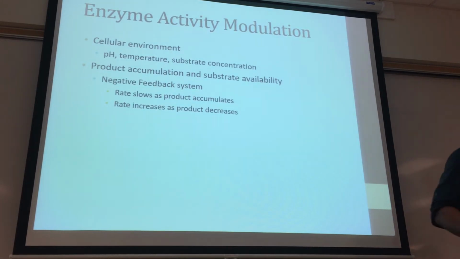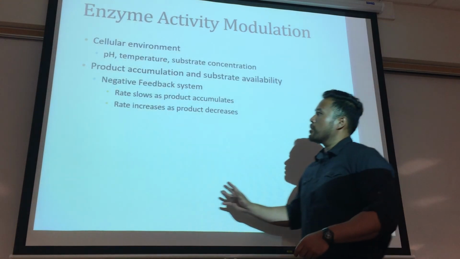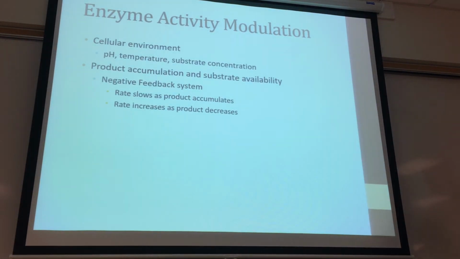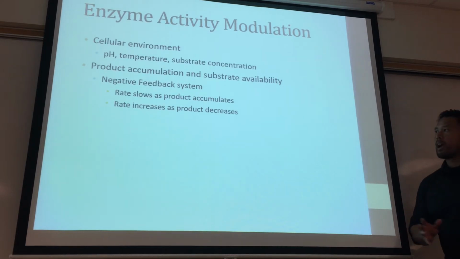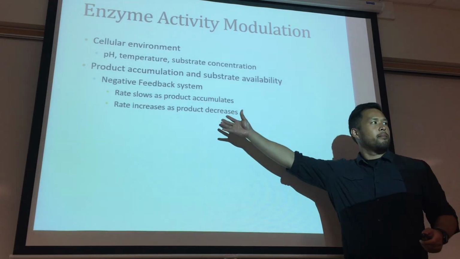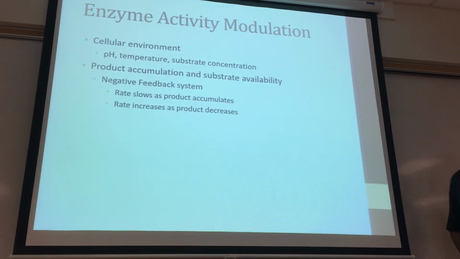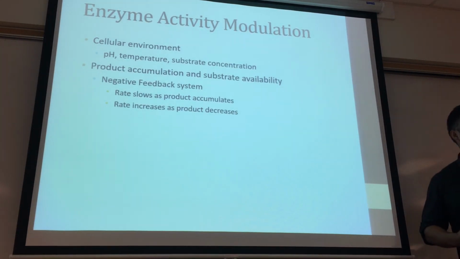So with that in place, you now have the idea, and the last couple slides I want to finish up with is that this lends itself to the whole negative feedback system. I want you guys to take what you learned on Tuesday in terms of the feedback system and apply it to this: the rate slows as the product accumulates.